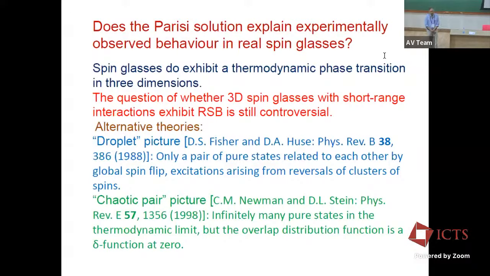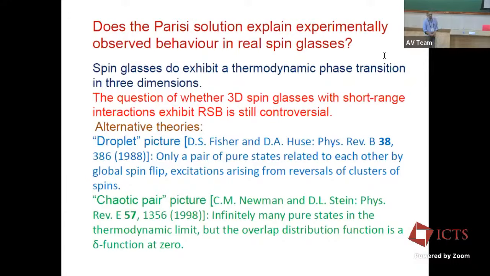And there is no exact way of answering that in this problem. People have done a whole lot of numerical work, simulations, high temperature expansion, various kinds of real space RG and things like that to answer this question. And I think now people have reached a consensus that 3D spin glasses with short range interactions do exhibit a thermodynamic phase transition.